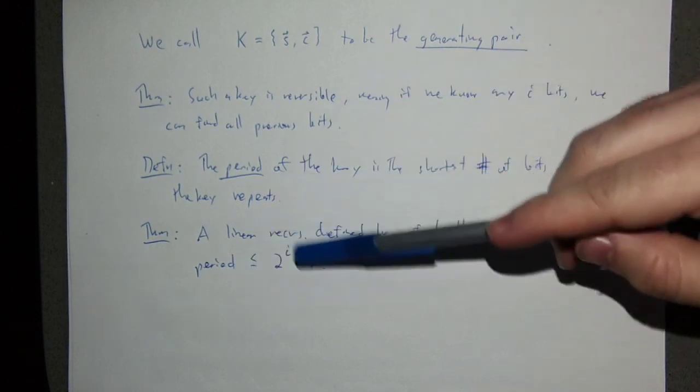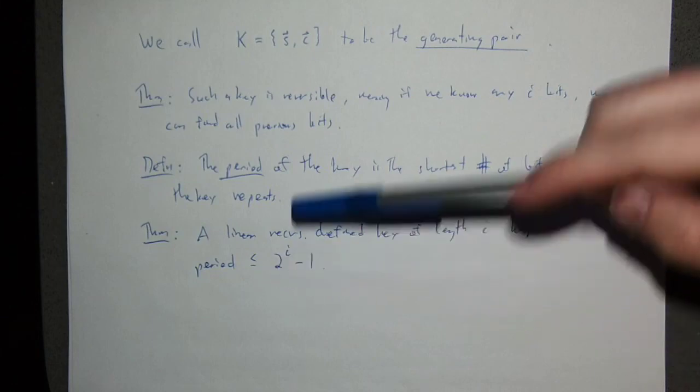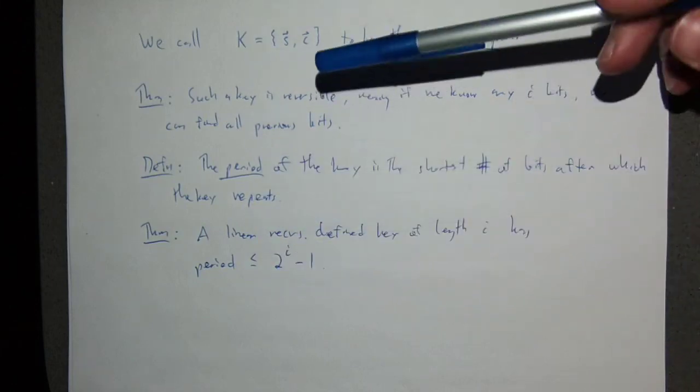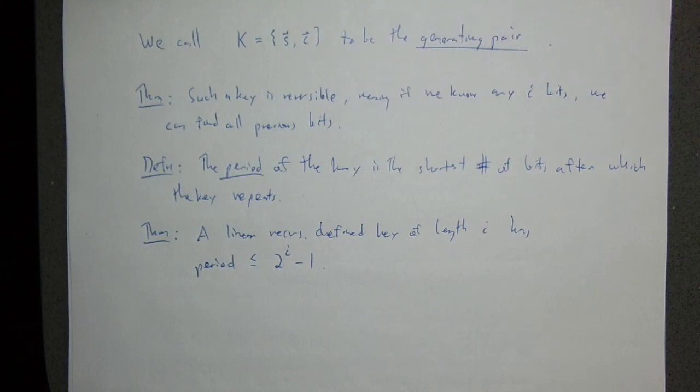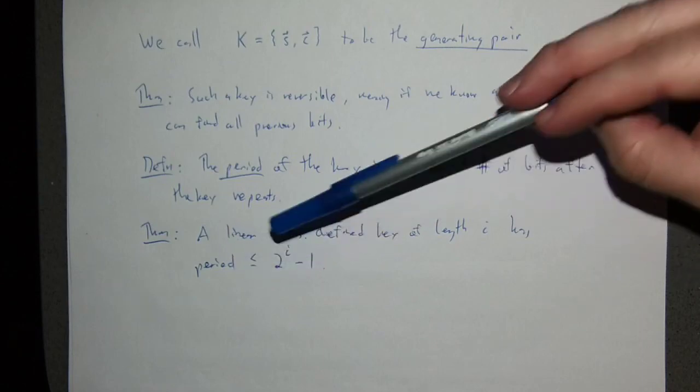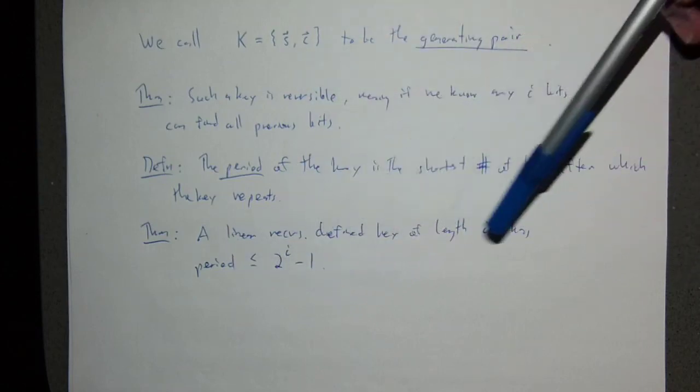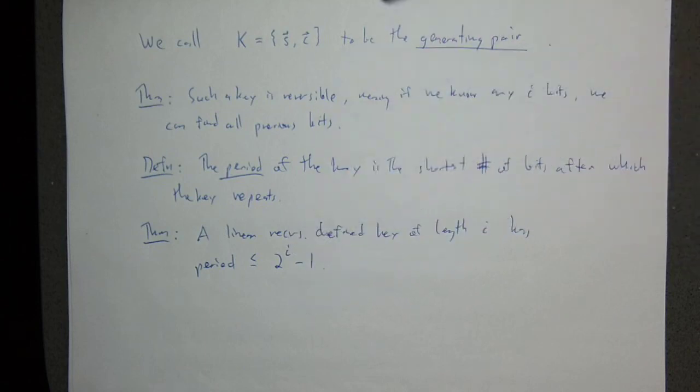And so if it's length 5, then the biggest its period could possibly be would be 2 to the 5th minus 1, which is 31. So that's as good as you can get. So with as few bits as possible, you've generated a key with period as big as possible, right? Since you want the period to be as big as possible, and the biggest it can be recursively defined like this is 2 to the I minus 1, this is just showing you that those cases were sharp. Both of them were.